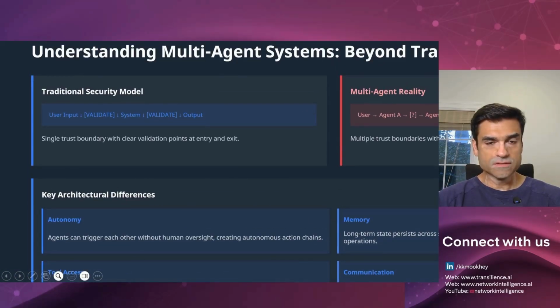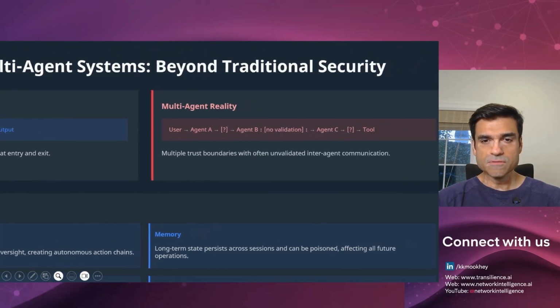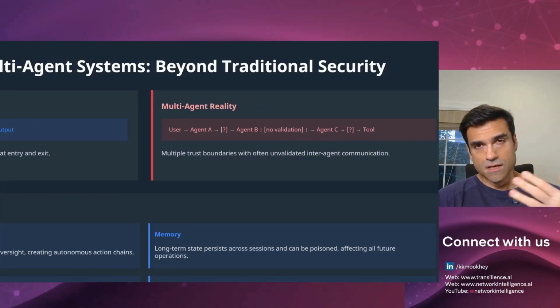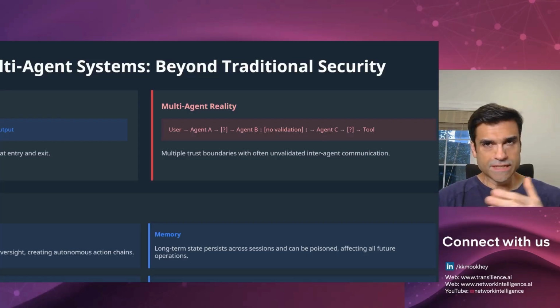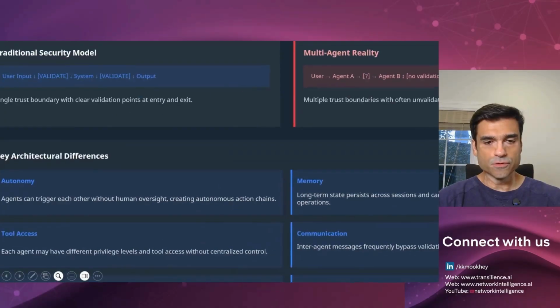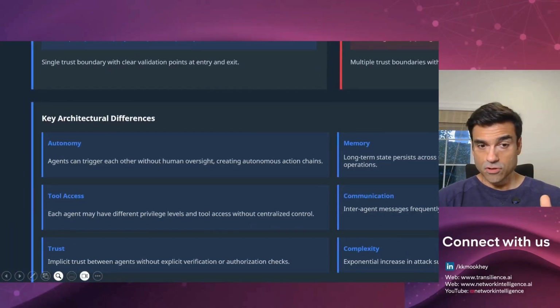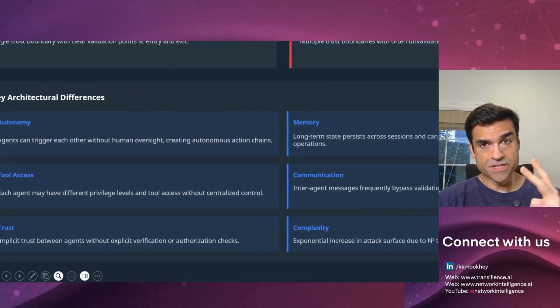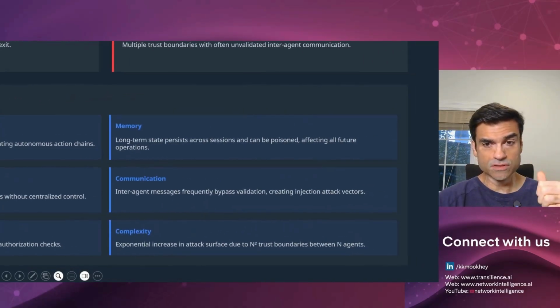So what was simpler in a single agent setup becomes much more complex when you have a user calling agent A, which could call agent B with no validation, no signing, no authentication between the two agents, which then could call agent C, and so on and so forth. And therefore there is autonomy, there is access to tools, there is trust between agents because they all belong within the same ecosystem.